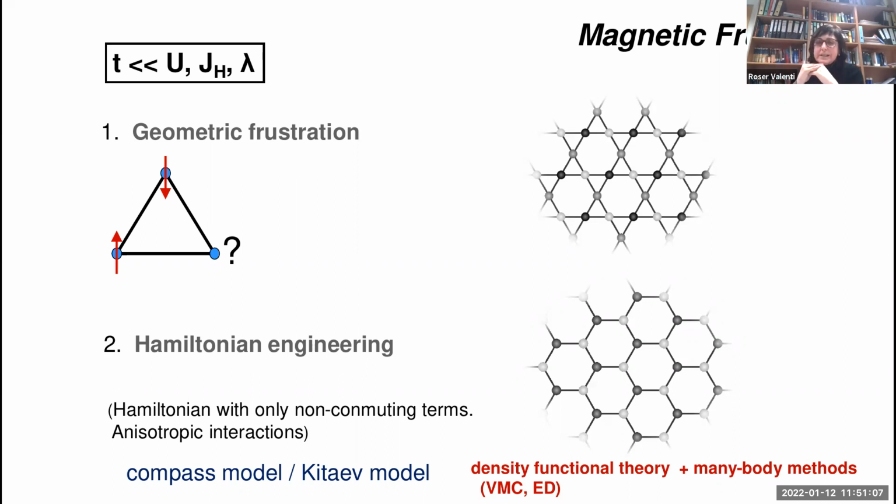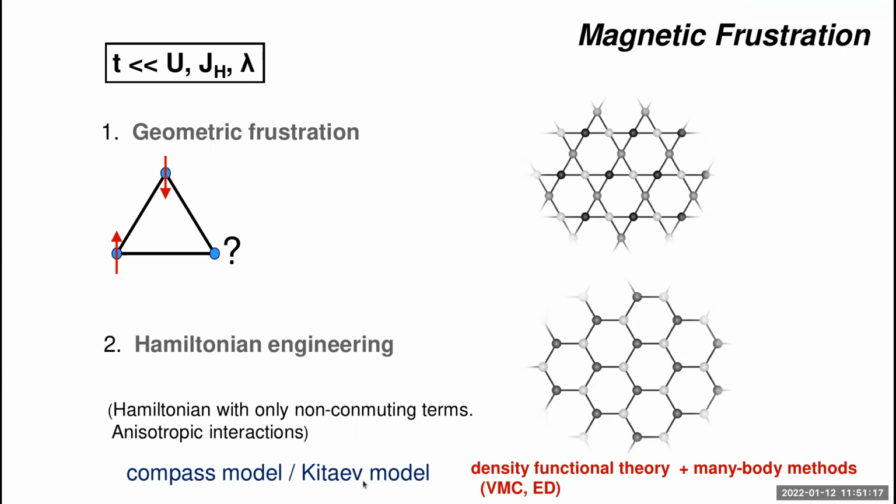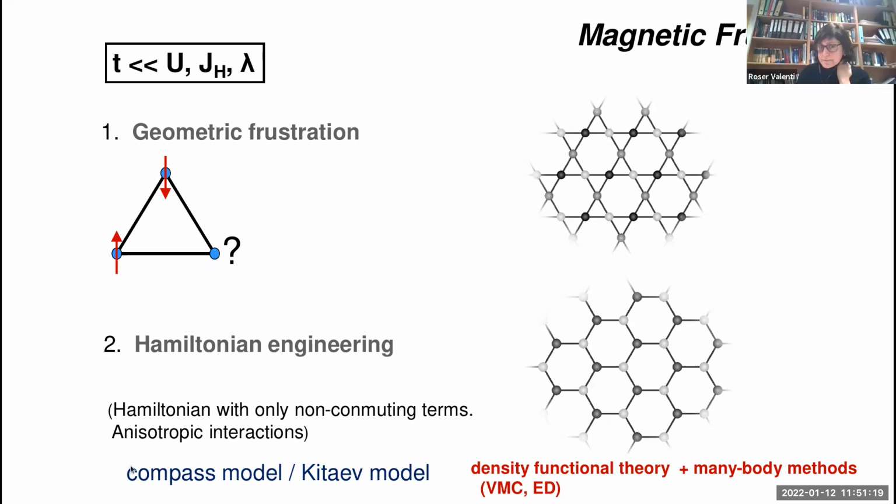One model that has been very much discussed in the last years, and is still very much discussed, is the Kitaev model. A precursor of the Kitaev model is the compass model. I'm going to introduce it in a moment, but the audience knows the model very well. We will see that, again, this model is highly frustrated.